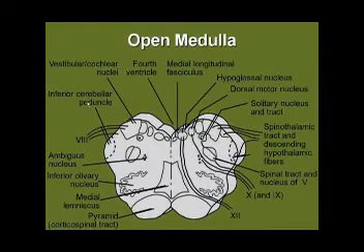Now, let's move down to our upper medulla section again. And we know it's an upper medulla section because of the presence of the olive and the underlying inferior olivary nucleus, which is not an auditory structure, but a cerebellar structure. And as we know, this is the entry or exit point of cranial nerves 9, 10, and 12.